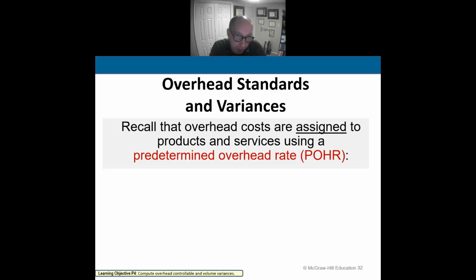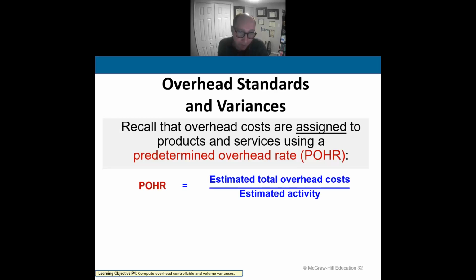Call it a predetermined overhead rate, and it's assigned based off of an activity base, which is usually labor hours, very standard. So we take the total overhead cost divided by the activity base, which is like number of hours.